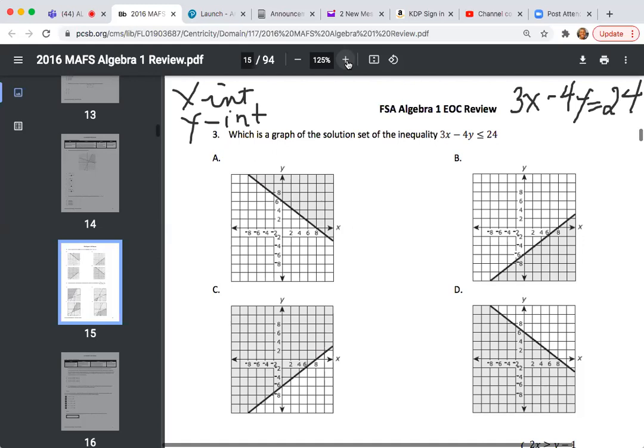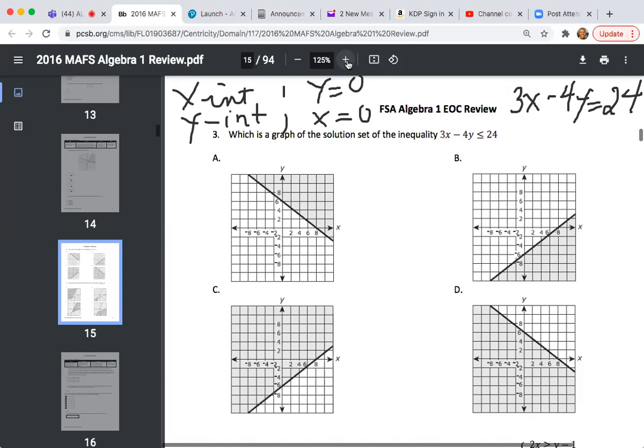The x-intercept is where the graph intersects the x-axis, and the y-intercept is where the graph intersects the y-axis. When you're finding the x-intercept, you plug in 0 for y. When you're finding your y-intercept, you plug in 0 for x and solve for y.